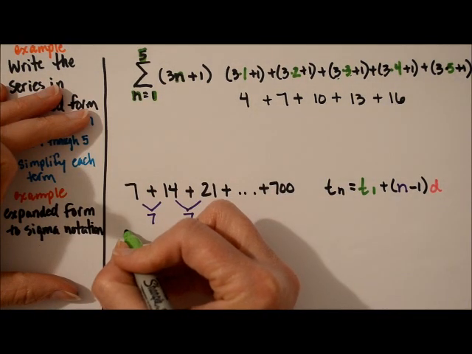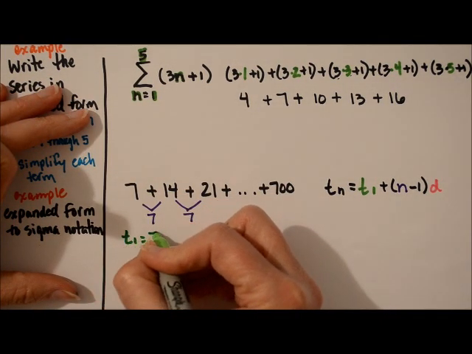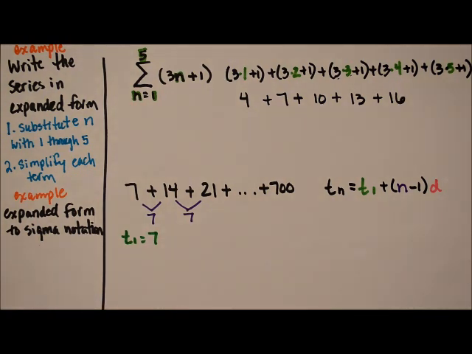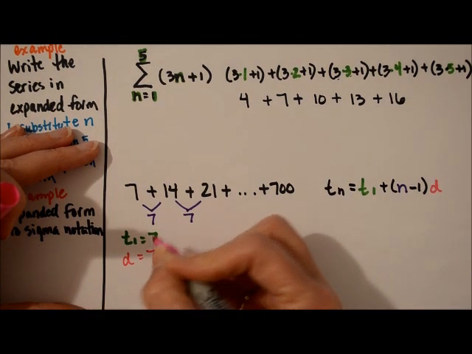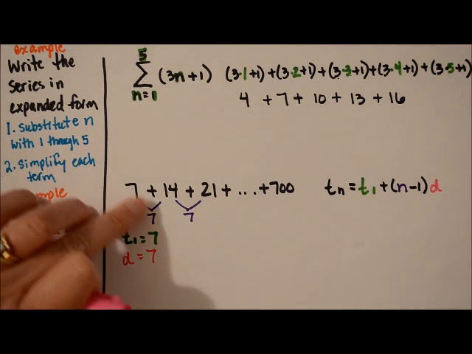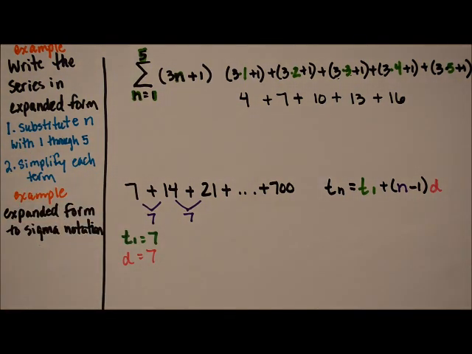T1 equals 7. What else do I need? D, oh, I confused myself all of a sudden. D, the difference is also 7, right? T1 is 7, the difference is 7.